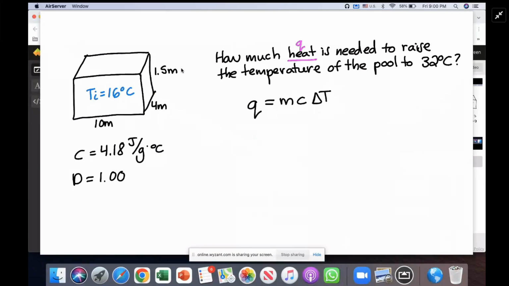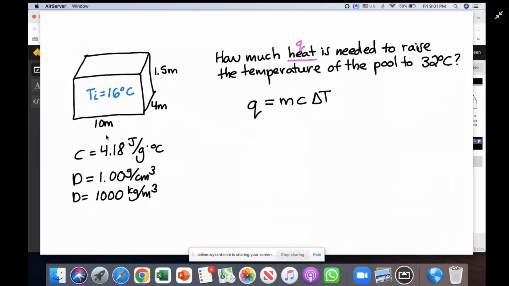It's 1 gram per cubic centimeter. However, we have meters, so it might be more helpful to convert this unit to meters. So the density of water is 1,000 kilograms per meter cubed. Now we can use this density because we're going to have our volume in cubic meters.